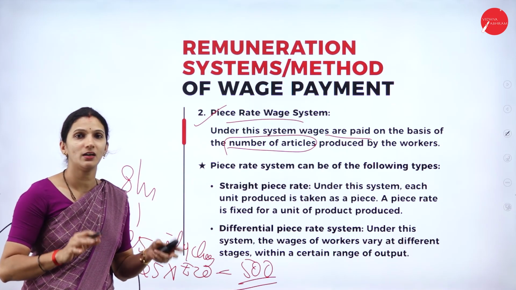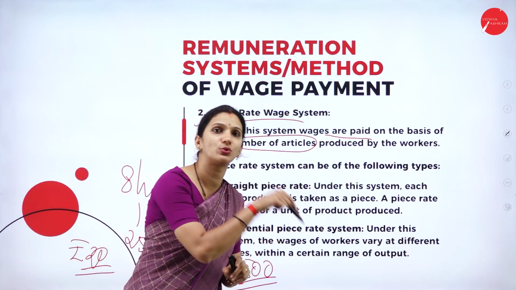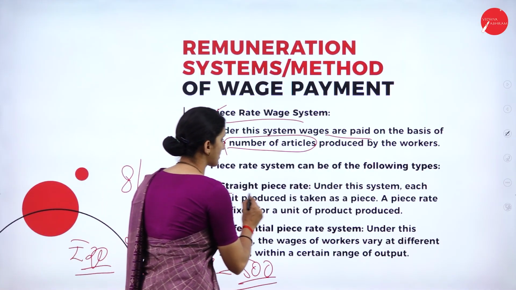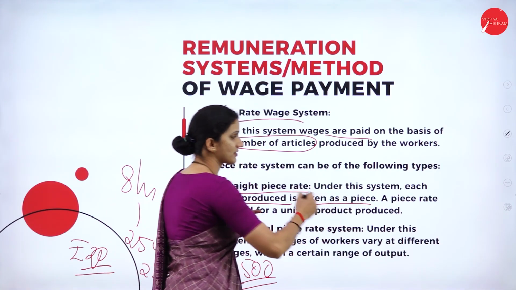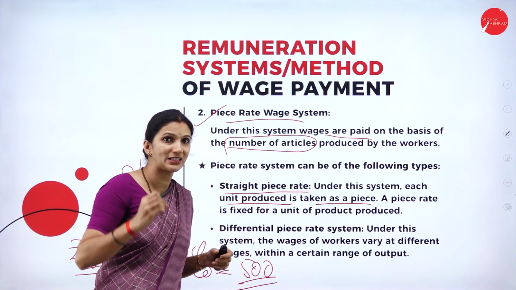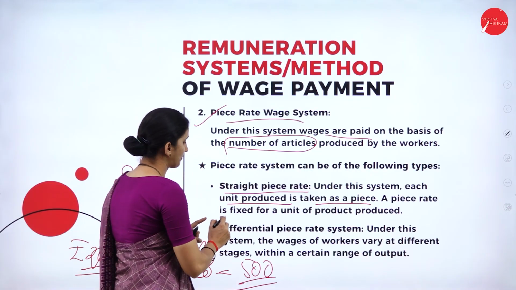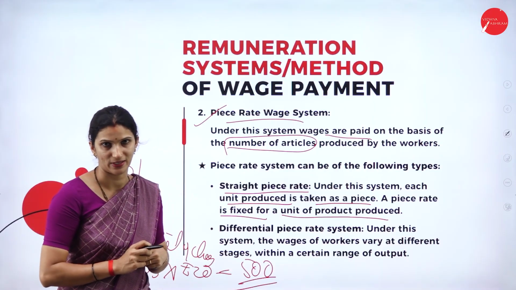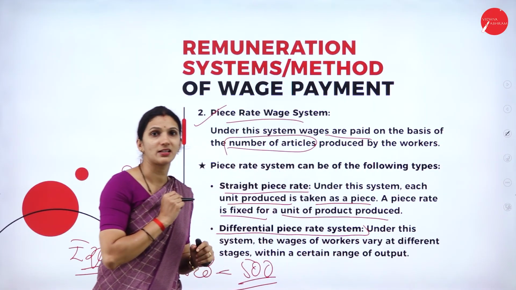Simply, here the wages or salary are paid based on the number of units produced by the employees. Here also we have the straight piece rate. Under this, each unit or article produced is taken as one piece, and a fixed rate is set for each unit produced. The second one is the differential piece rate system.